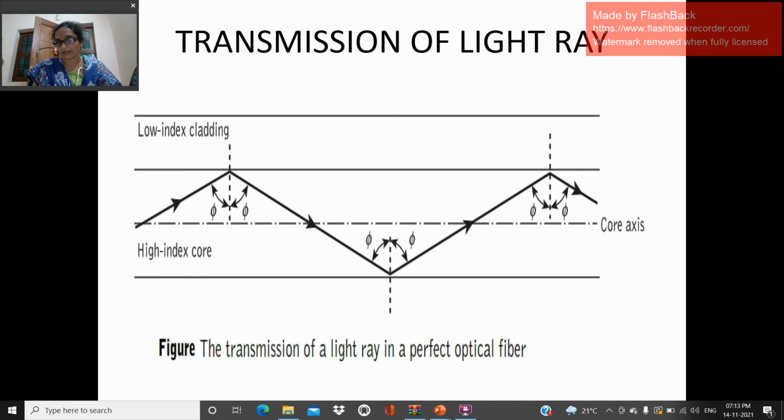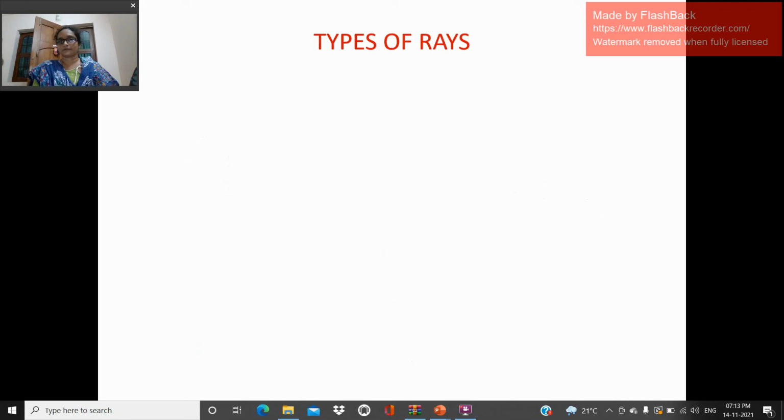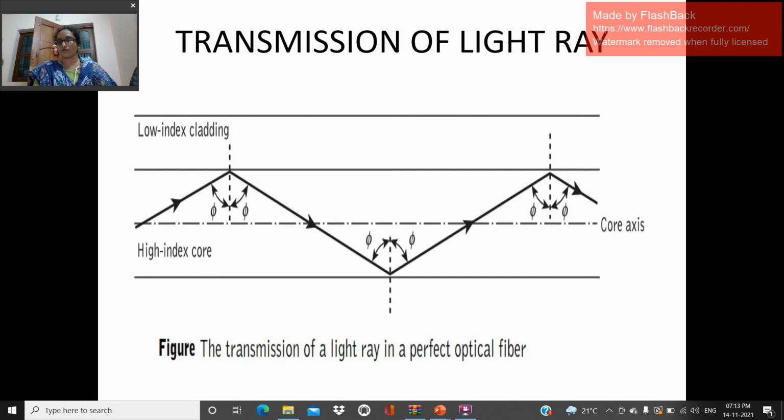It touches the other boundary of the core material with some angle, and again it travels in the upper direction. So here the ray reflects totally inside the core. This is how the transmission of the light ray takes place.